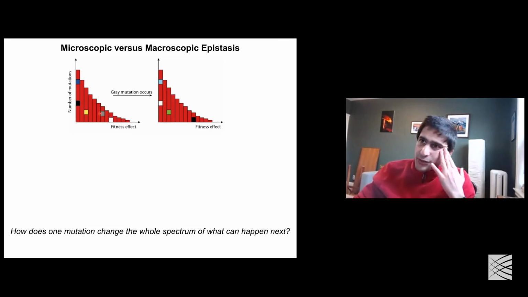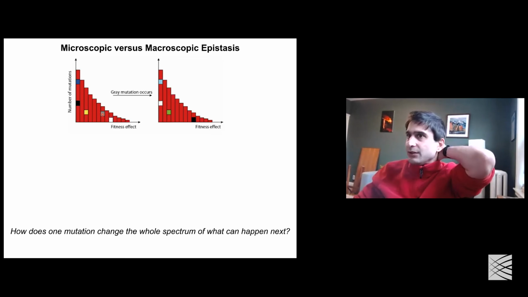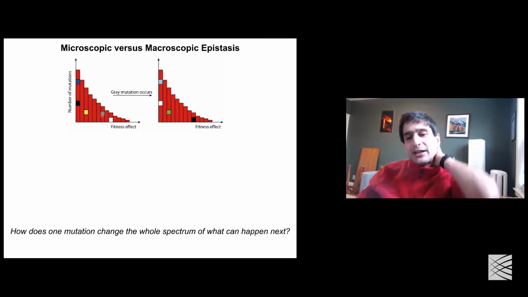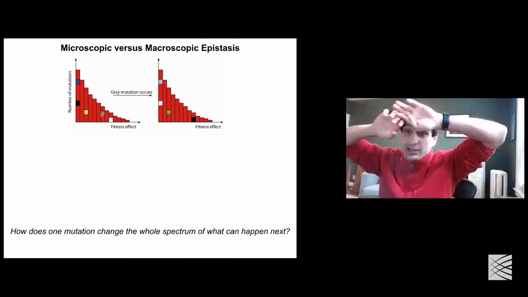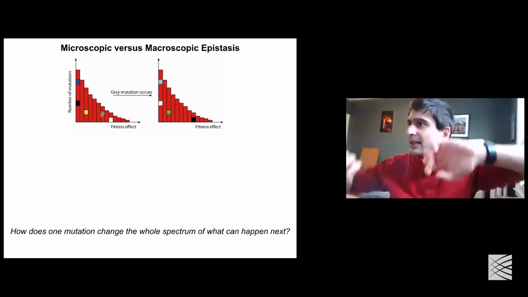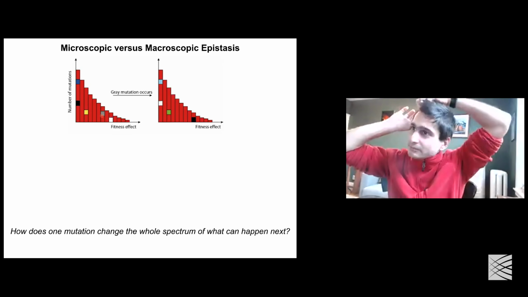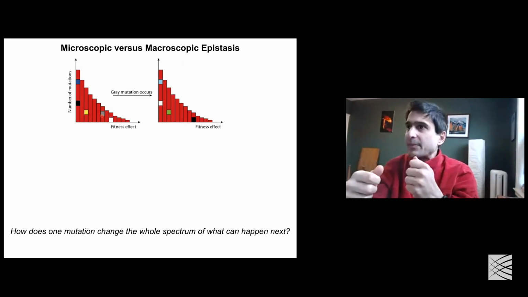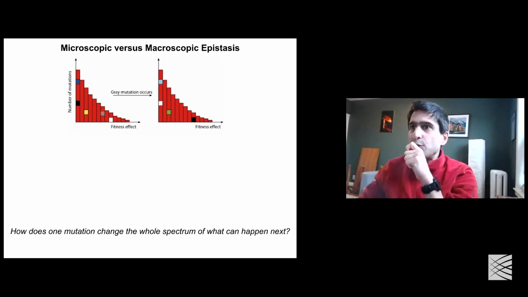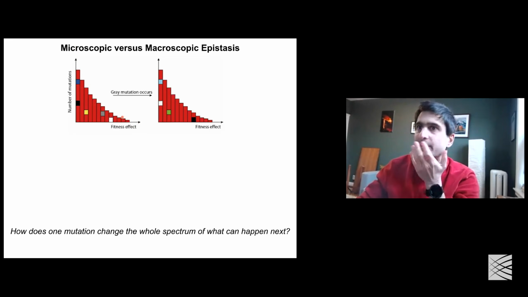Depending on how I phrase this, people have opposite intuitions about what's obvious, which I think is kind of nice. But we know that there's lots of epistasis along the line of descent. So often you might get a situation where this is the distribution of fitness effects of beneficial mutations from that genotype.